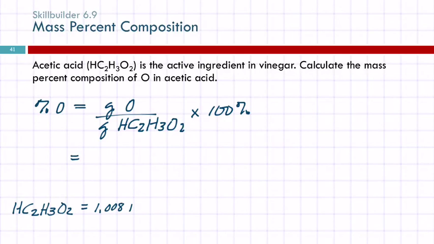There's the 1 hydrogen and 2 carbons, and another 3 hydrogens, and 2 oxygens. So I've got 1.008 plus 2 times 12.01 plus 3 times 1.008 plus 2 times 16.